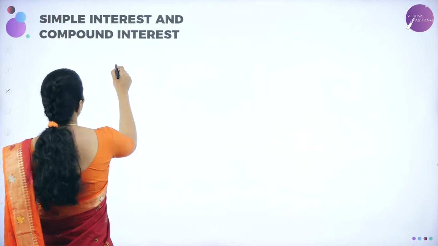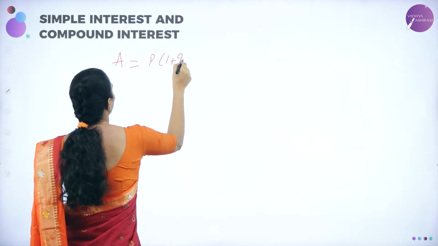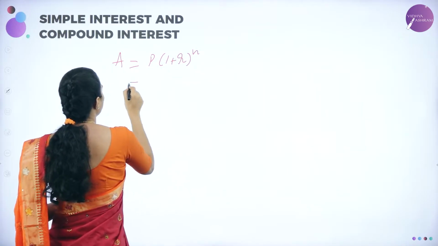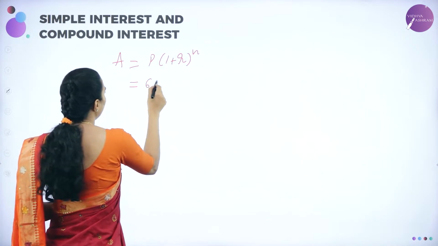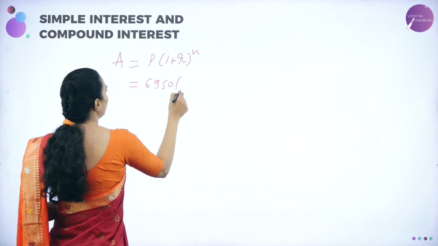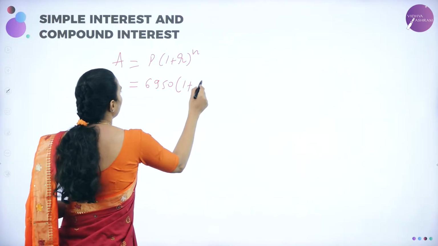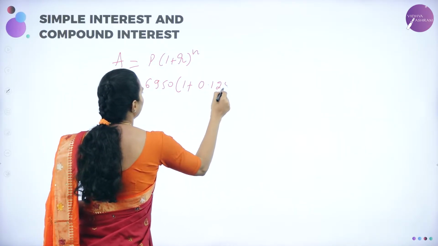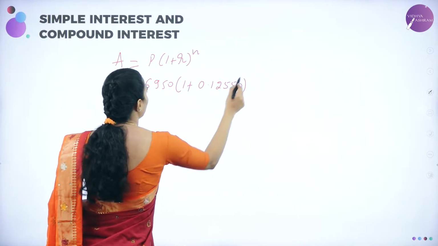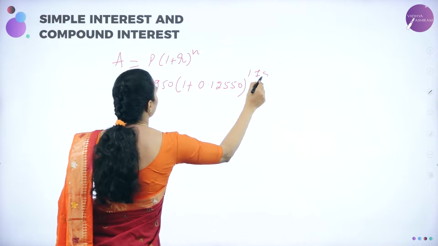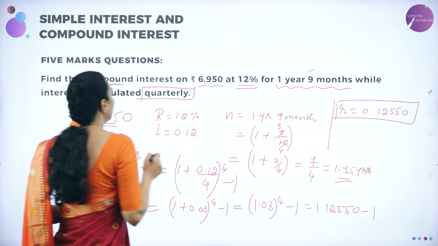Now A will be equal to P into 1 plus r whole to the power of n, which is P, 6950, into 1 plus r, which is 0.1255, whole to the power of n, which is 1.75, because we have calculated n here as 1.75 years.